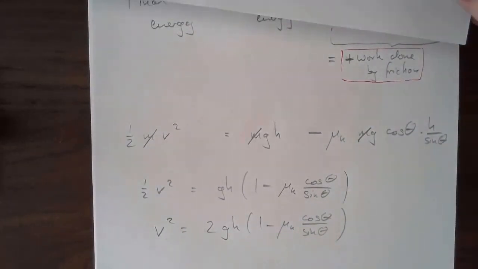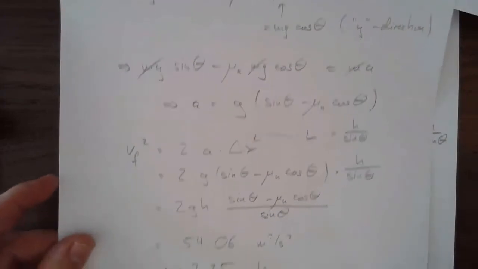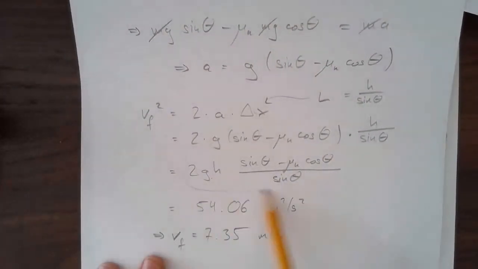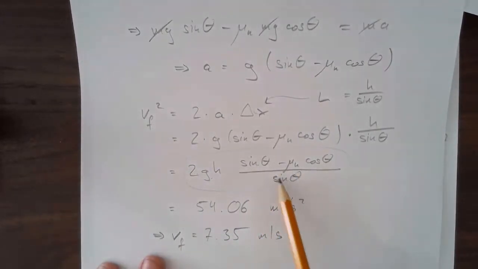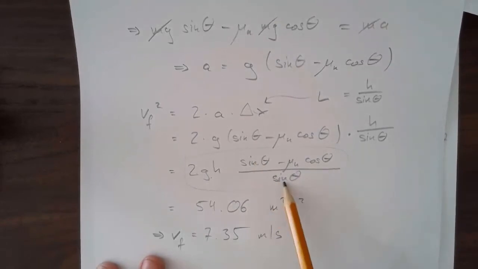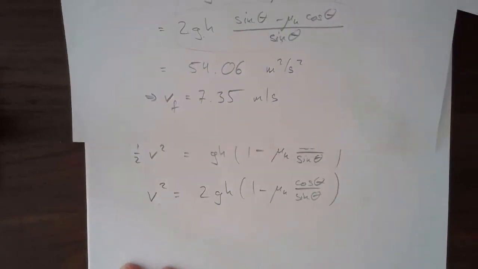Notice that this matches what we had before, right? In our previous solution we found this expression here. And here we wrote it as one fraction, sine theta minus mu cosine theta over sine theta, but sine theta over sine theta is 1, and so I could have split up the fraction. That's the form we have down here.